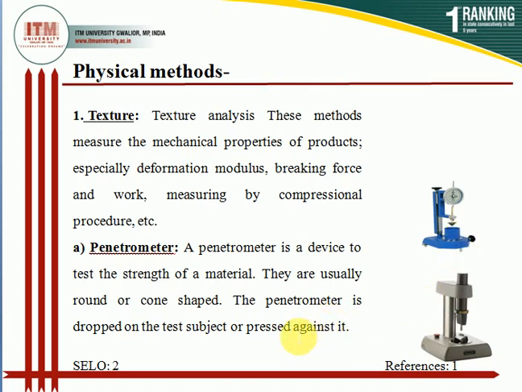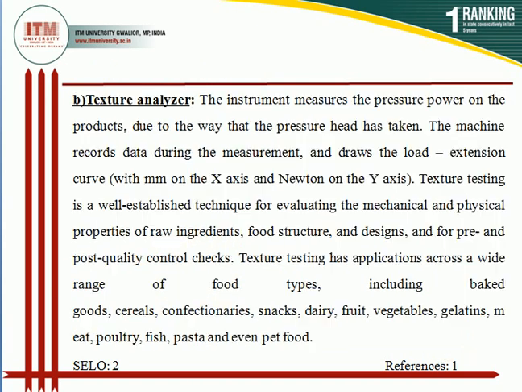So the penetrometer can be used for the measurement of texture of the product, like maturity, hardness and softness, and the gas present in the bottle, in carbonated beverages and alcoholic beverages.